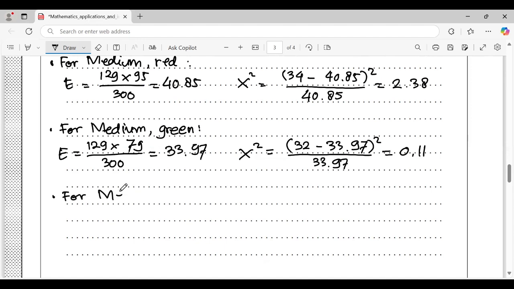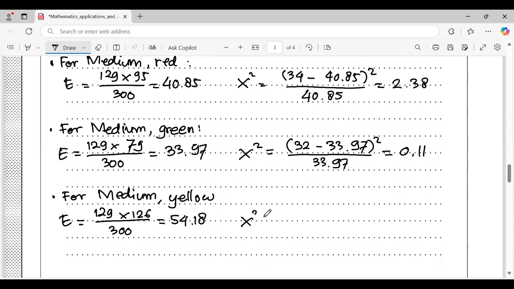For medium yellow, the expectation is 129 times 126 over 300, 54.18.